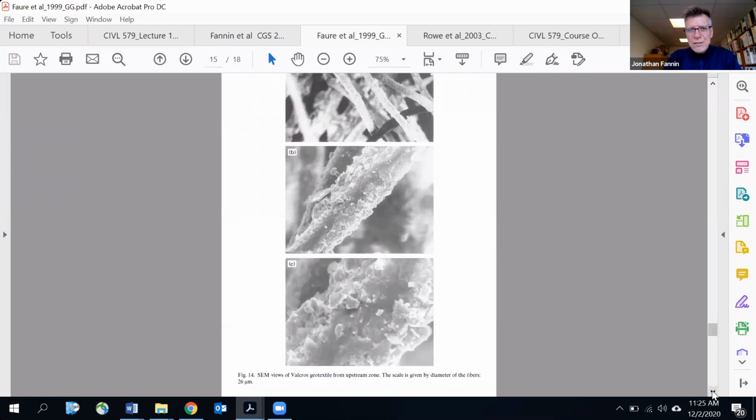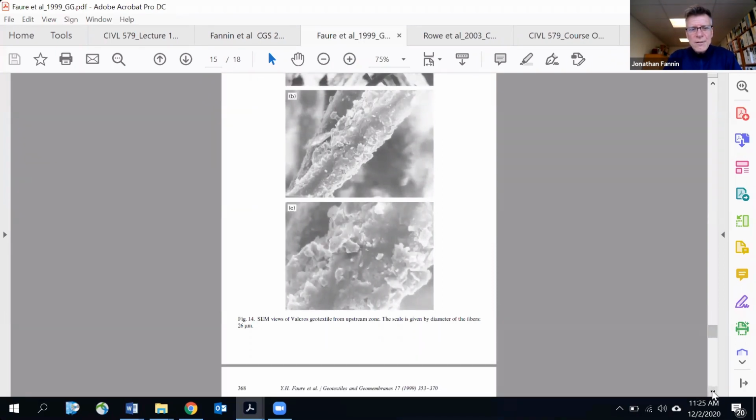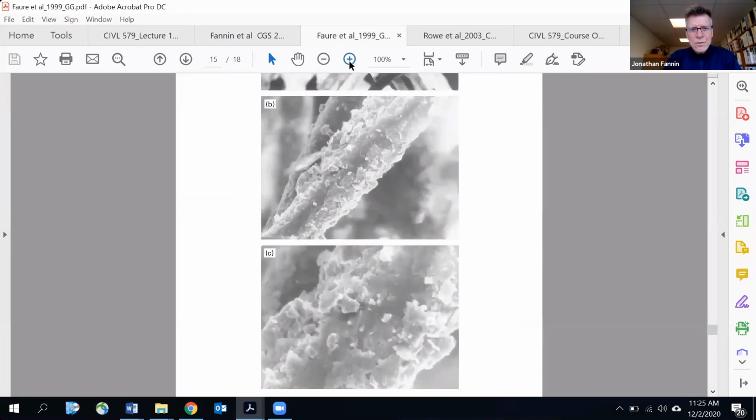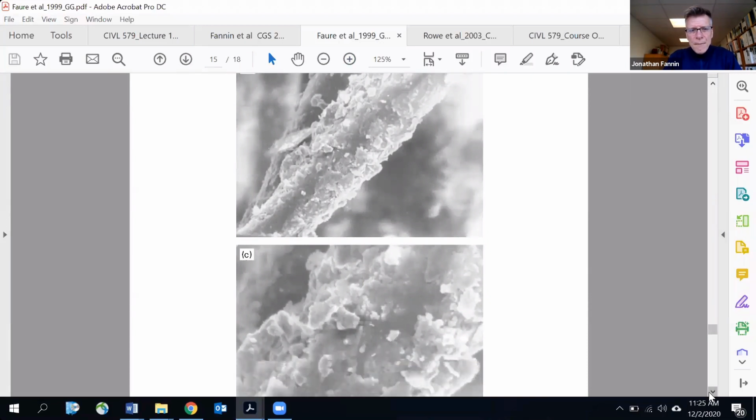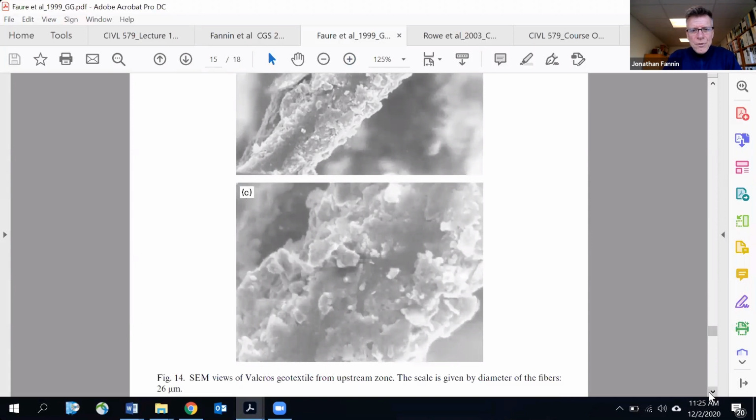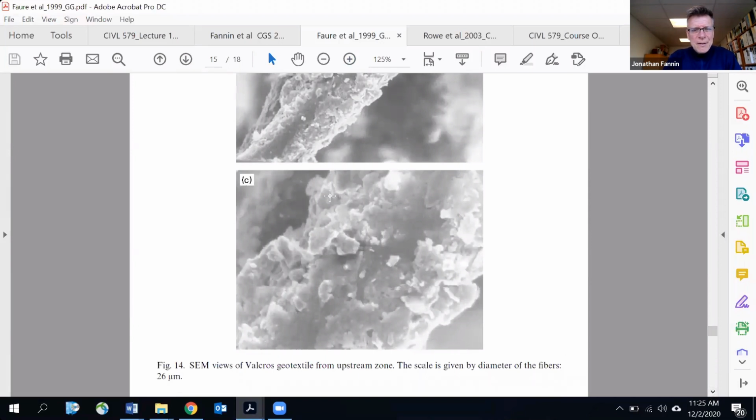And so we're not going to put a geotextile into the ground and have water flow through it and so on without something going on. And we ask ourselves, what is that something? If this is 26 microns, is this about a tenth? Is this 2.6 microns? Is this a little bit less than 2 microns?